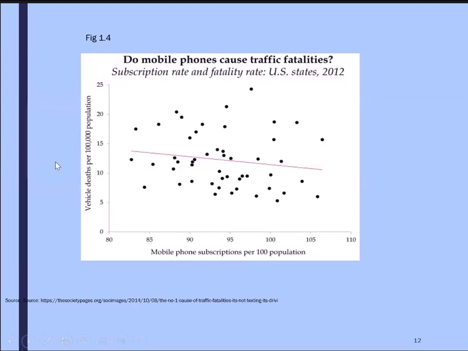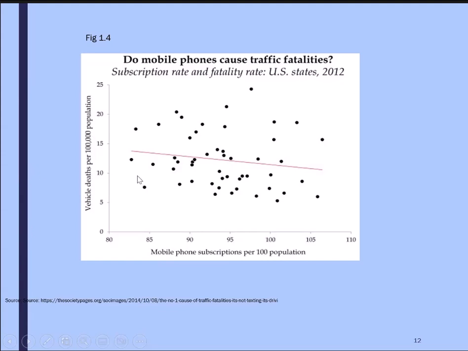Okay, looking at this graph, as I said before, there are a lot of uncontrolled variables in correlational studies, and this can lead people to miss relevant associations. For example, this slide with all the scattered dots all over the graph shows that there's no correlation between cell phone use and deaths because of car crashes.